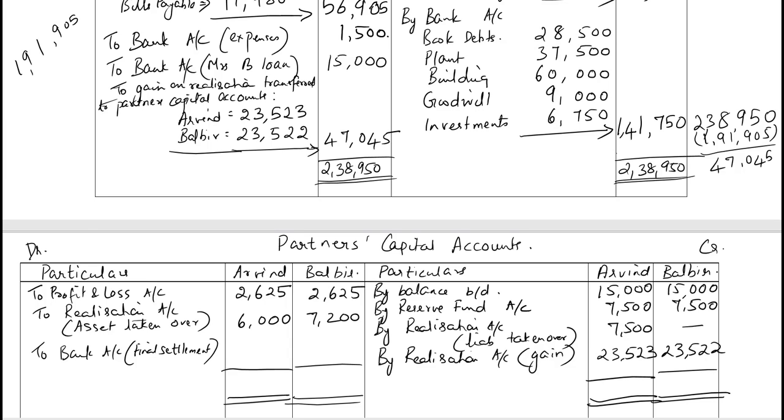In the case of Arvind, credit side is greater. Total of the credit side is 53,523.